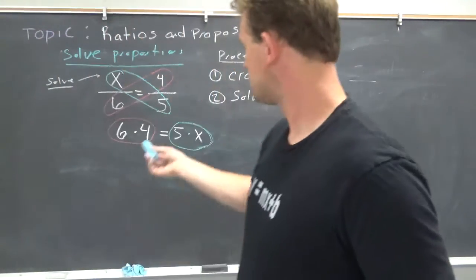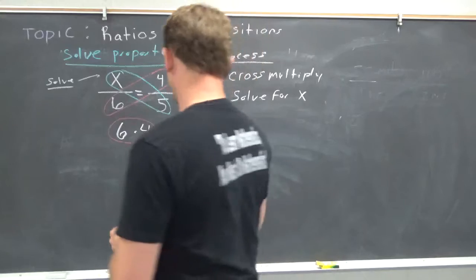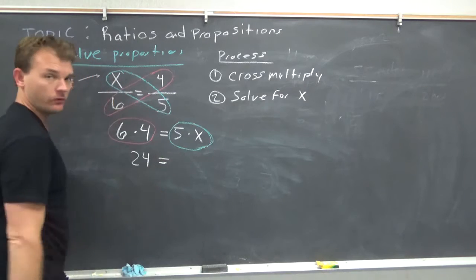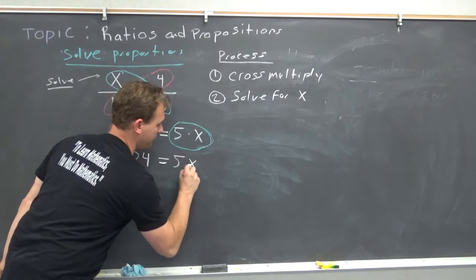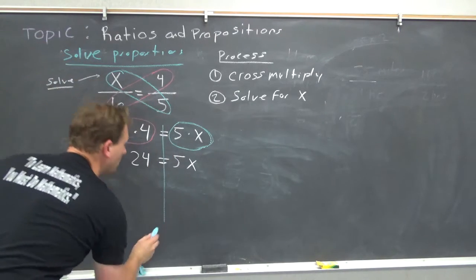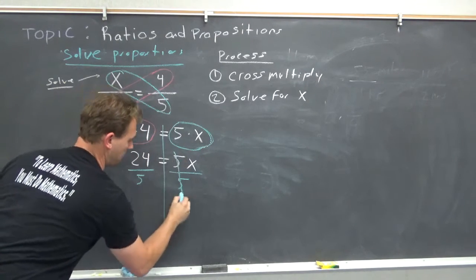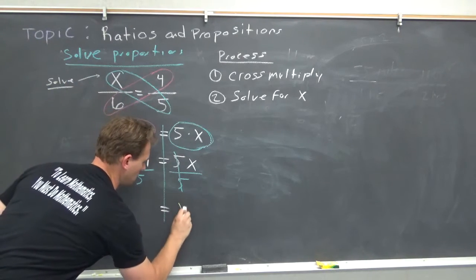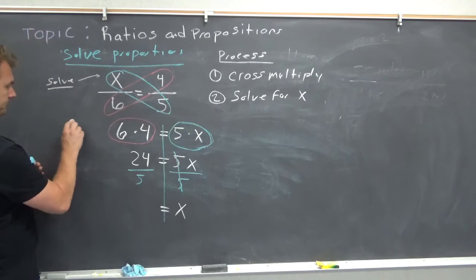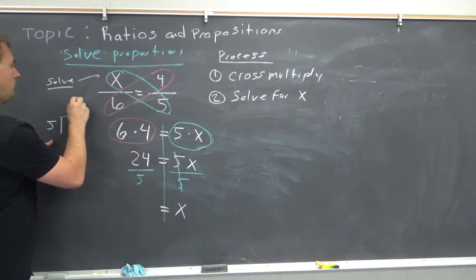So now, since we have the x's on one side, just multiply. So, 6 times 4 equals 5x. What are we going to do now? Divide. How many 5s go into 24? 5 goes into 24 4 times.